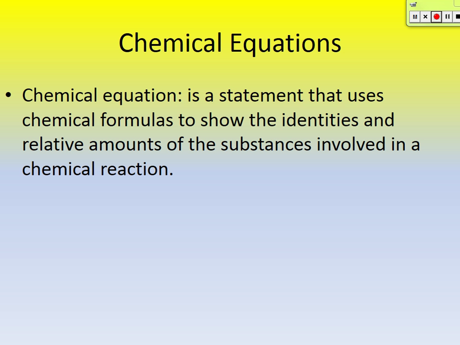Chemical equations, you're supposed to write this definition down. A chemical equation is a statement that uses chemical formulas to show the identities and relative amounts of the substances involved in a chemical reaction.